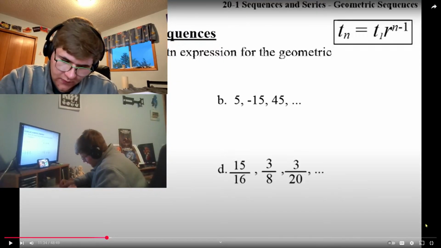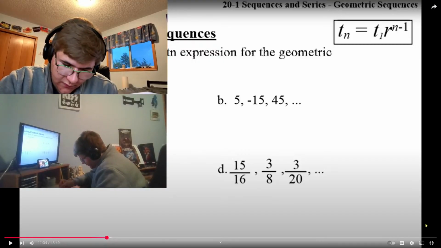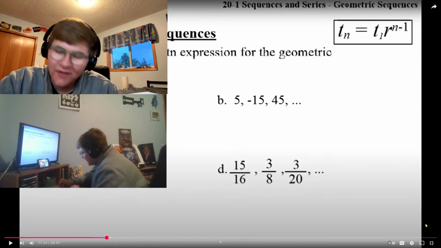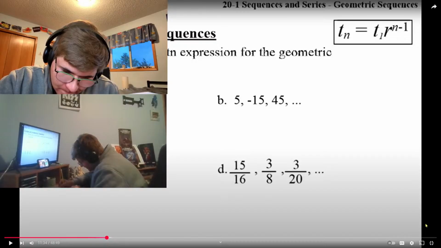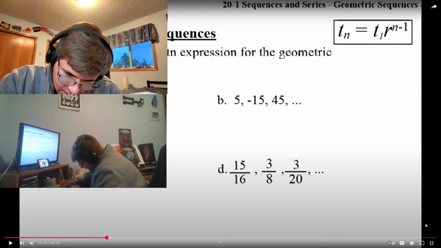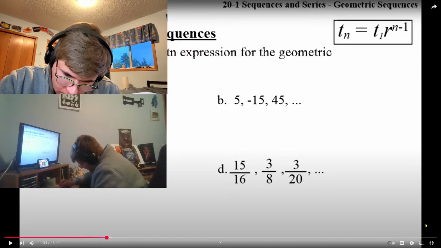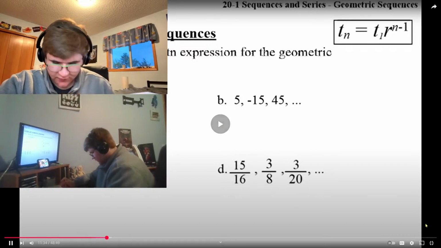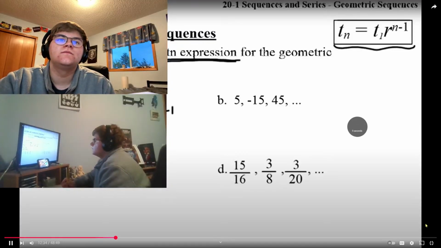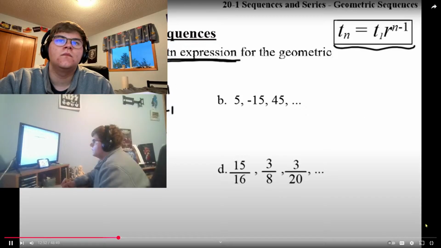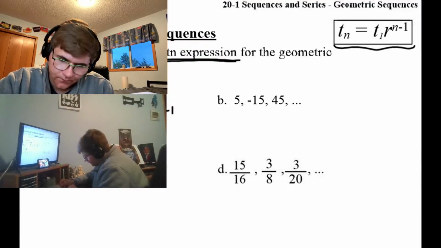So, Tn, which we don't know, is equal to term 1, which is 2, times 2 to the n minus 1. So, term number is equal to... shoot, this part's actually hard. Well, we have 1 plus n minus 1, and what we're looking at is a simplified expression.